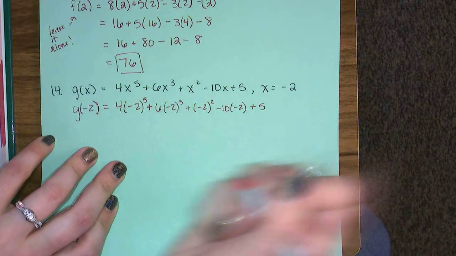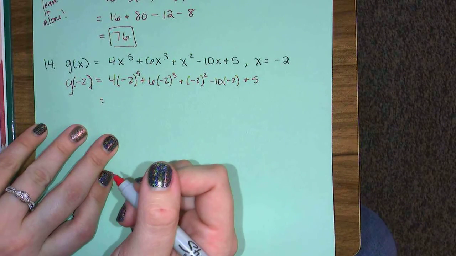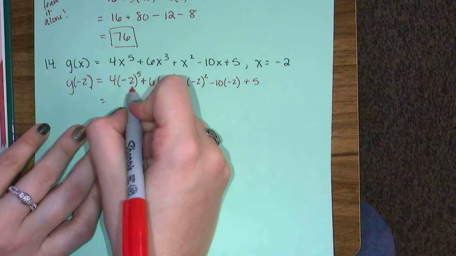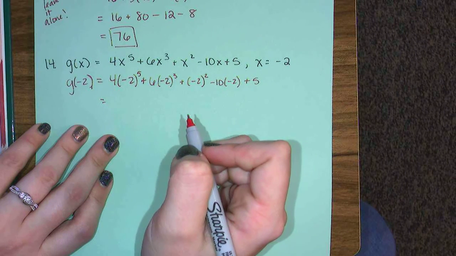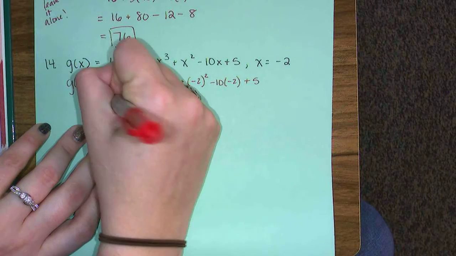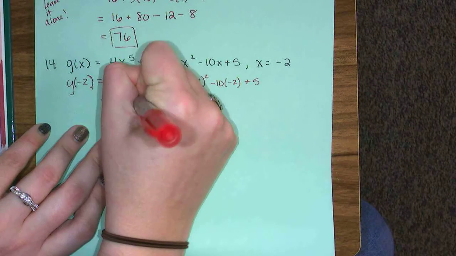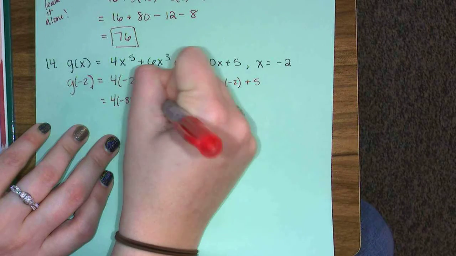Now leave the left side alone and just work on the right side. So what do we got going on here? It's not 36.